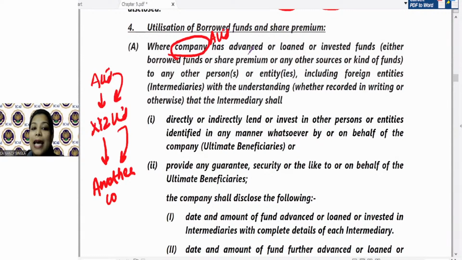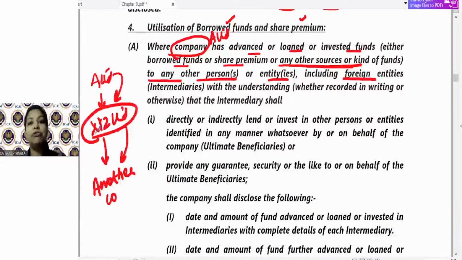तो देखो, where a company, कौन है, A Limited, has advanced any loan or invested funds, either borrowed funds or share premium or any other sources or kind of funds. तो यहां पर तो borrowed और share premium बोलता है, बट यहाँ पे क्या आ गया, other sources or kind of funds. सो ये कहां से आया है, ये Schedule 3, amended Schedule 3 से आया है। To any person or entities including foreign entity, so this XYZ Limited can be a foreign entity.